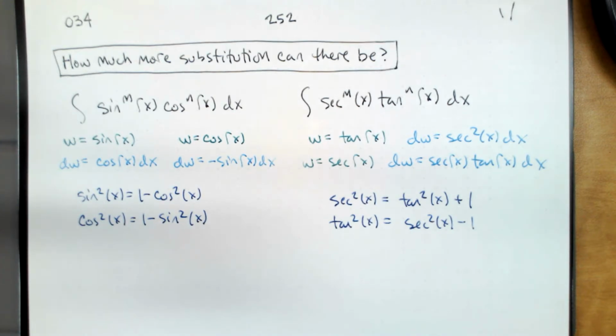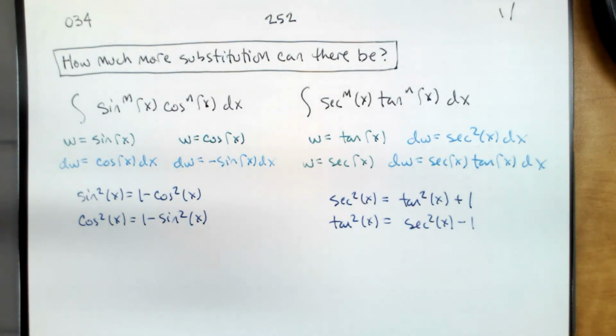If we make the substitution w equals cosine, here's what we need. We need one factor of sine to be the dw, and then any leftover sines can be converted into cosines. The important thing we notice is that the leftover sines only convert to cosines in pairs.